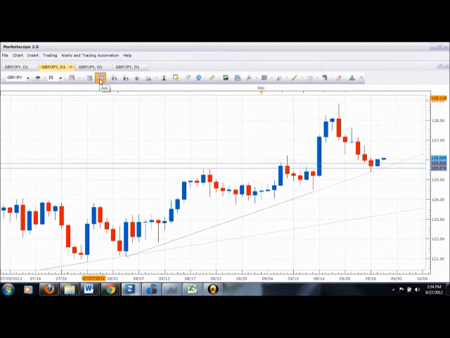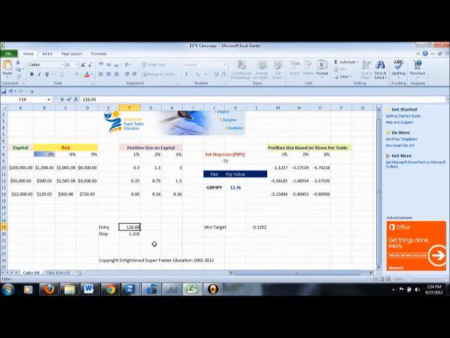In actual fact, 26.08. Sorry, 26. Make sure it was on the asking price. 25.36. 126.08. Change the calculation. So 2 pips.